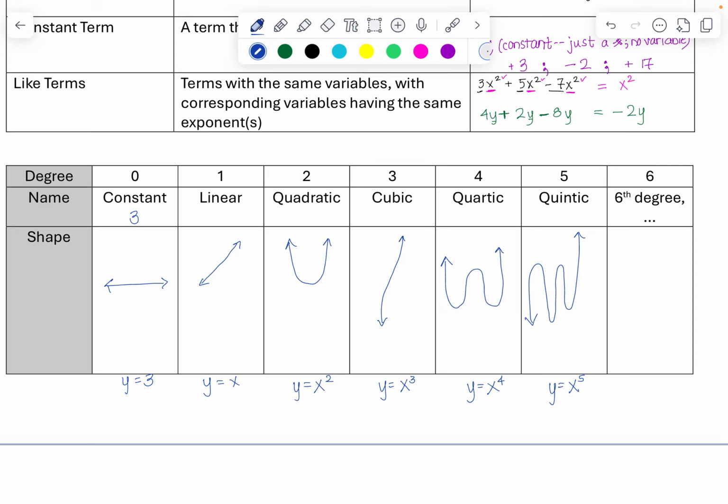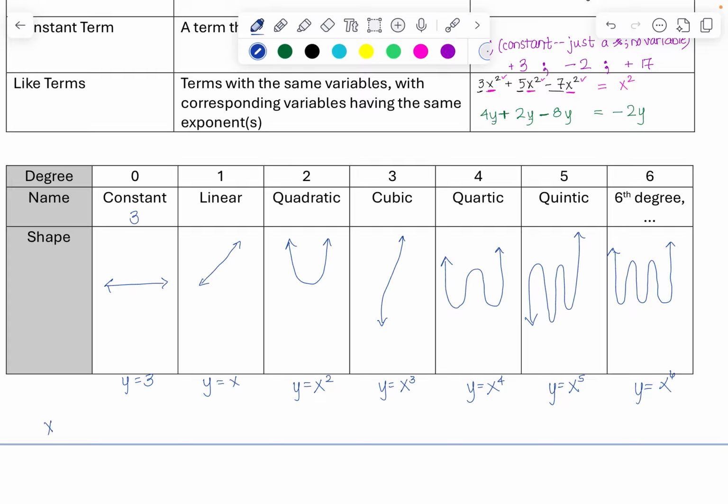And then here you have the 6th degree, sextic. Yeah, but we're not going to write that out because, well, obvious reasons. I don't want you guys giggling over such silly, silly terms. And here we have 1, 2, 3, 4, 5, and 6. So you'd want to write your equation as y is equal to x to the 6th power.